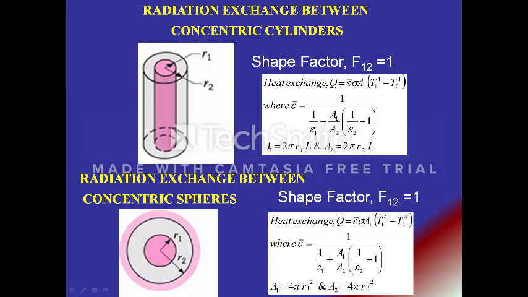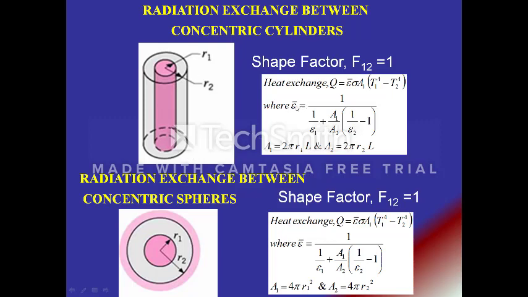So we can say shape factor F1 to 2 is equal to 1. So Q is equal to epsilon bar into sigma into A1 into T1 power 4 minus T2 power 4, where A1 is the surface area of the inner cylinder. A1 is 2 pi R1 into L, the circumferential area of the inner cylinder.